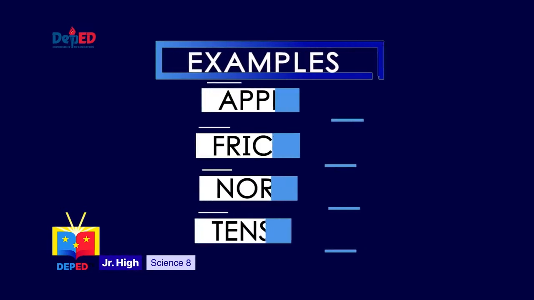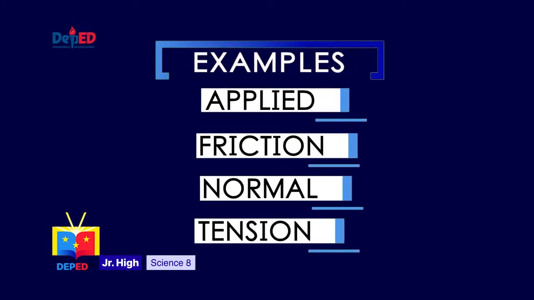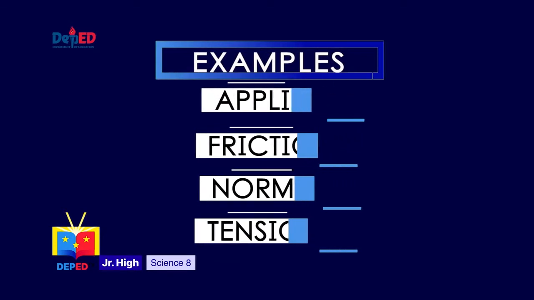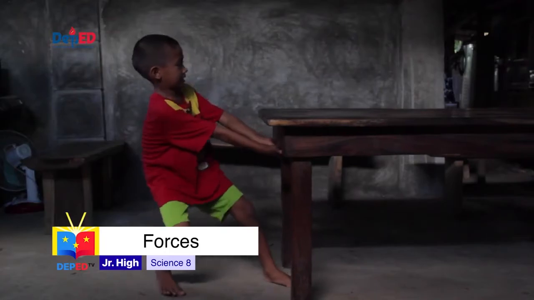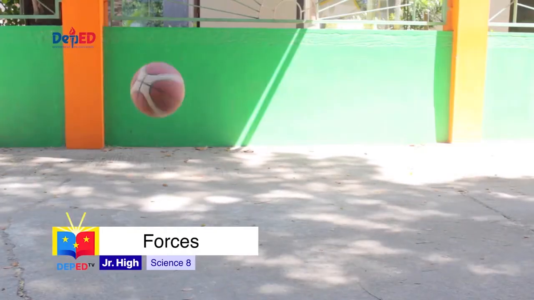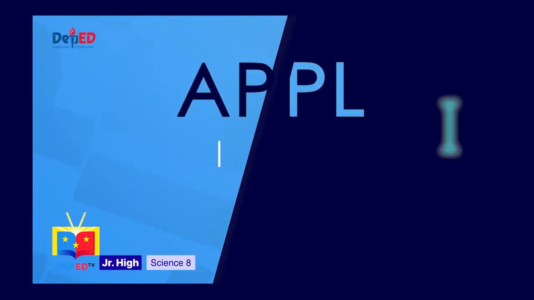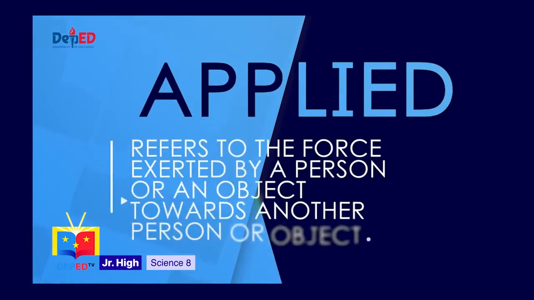Examples of contact forces are applied, friction, normal, and tension. When we say applied force, we are referring to the force exerted by a person or an object towards another person or object.